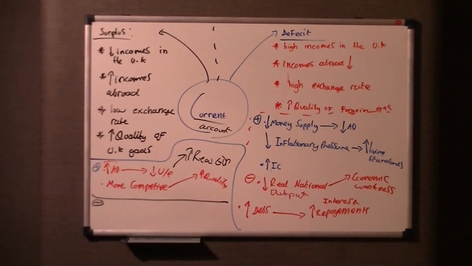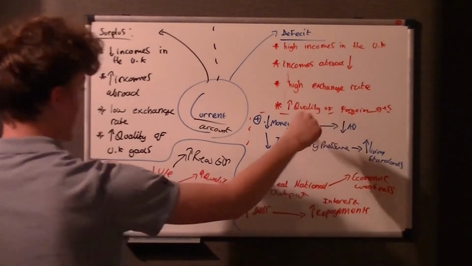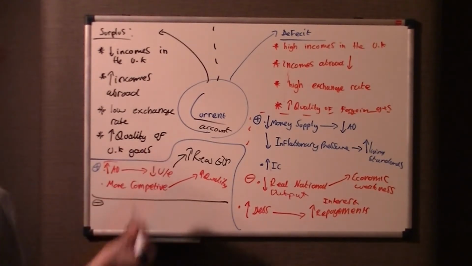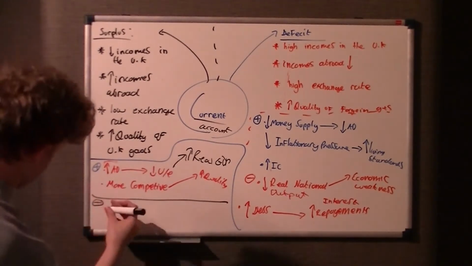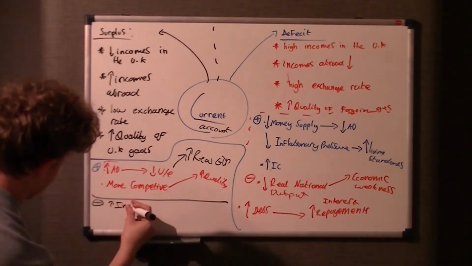Sorry, I should have put that there. An advantage here was a decrease in inflationary pressure. So if aggregate demand increases, we're going to have increased inflationary pressure in the economy.